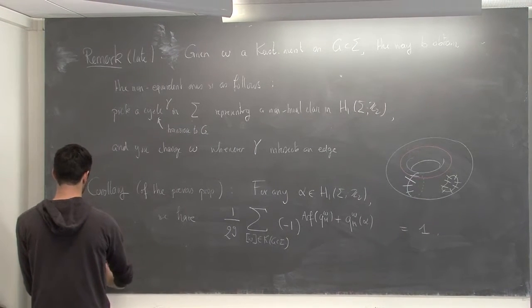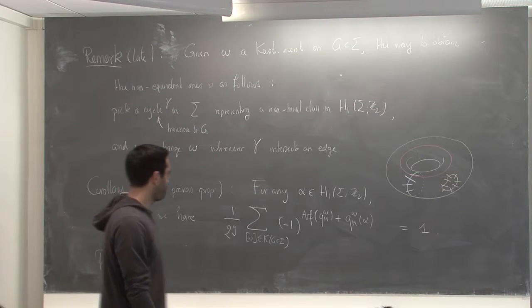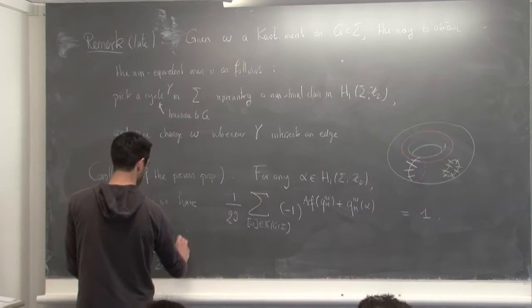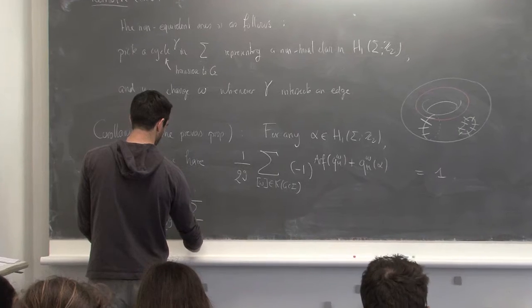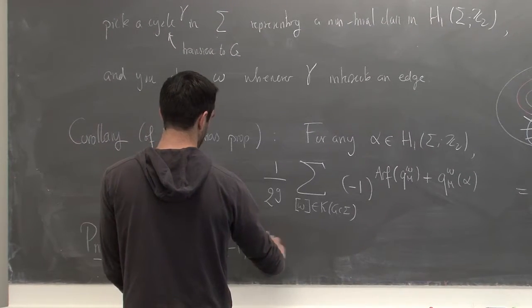Proof. So let me write this. Again, 1 over 2G, sum over equivalence classes of Castellan orientations of minus 1, this thing here.